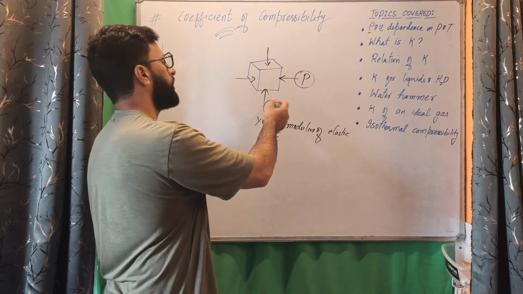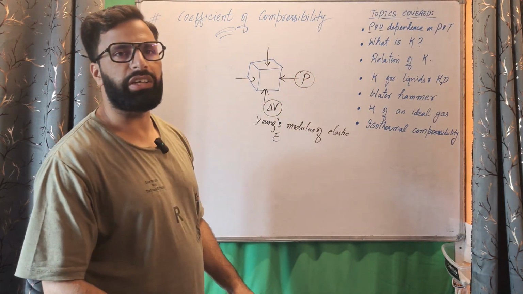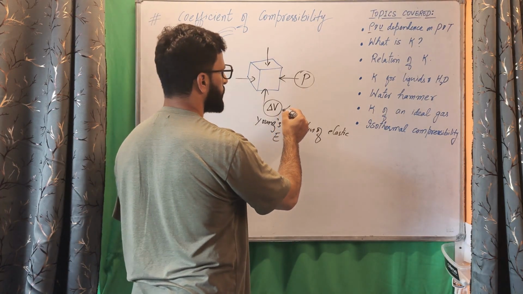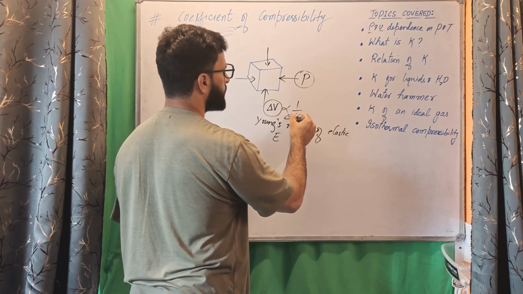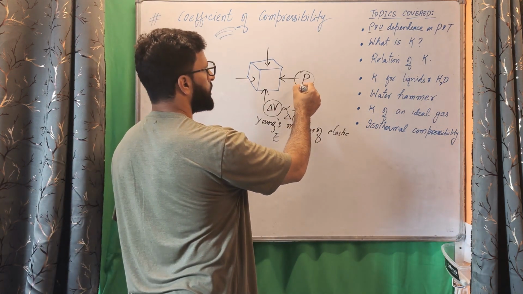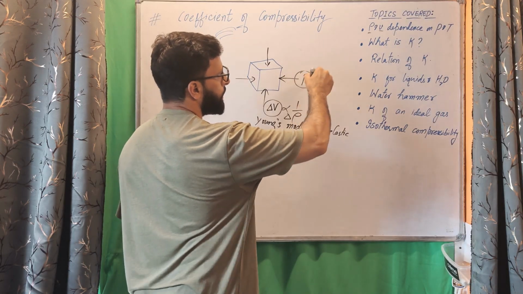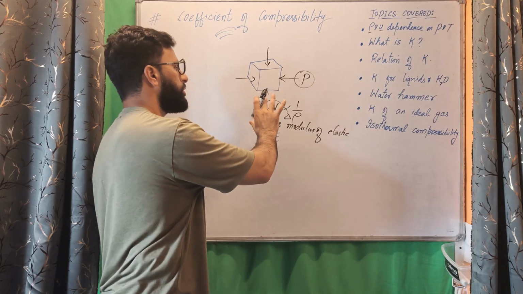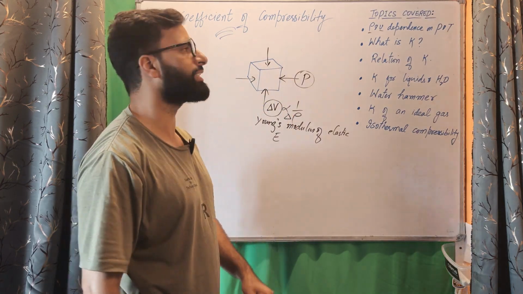If volume decreases, density increases. If volume increases, density decreases. So these two changes will be inversely related to each other. In the first case, we want to know the effect of pressure on volume, and we know that increase in pressure generally decreases volume or increases density.